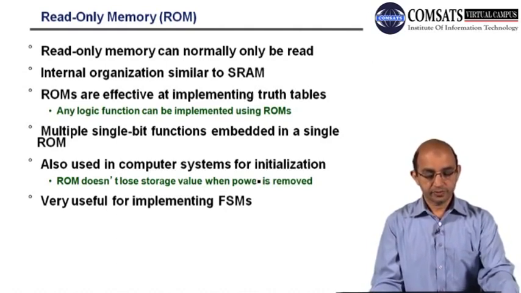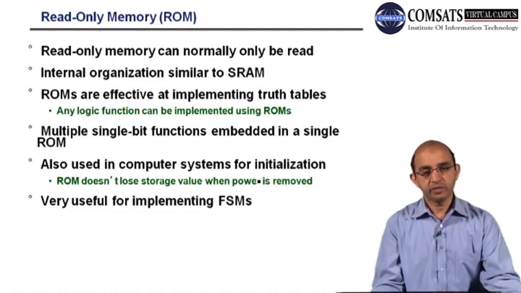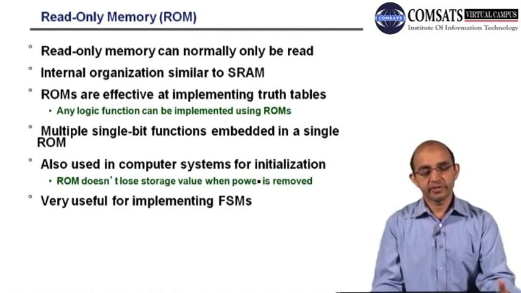Then we also discussed ROM utilization for the implementation of finite state machines. We can have different implementations, as we know that we can have Mealy machine and Moore machine. In Moore machine, the output is a function of the present state only.